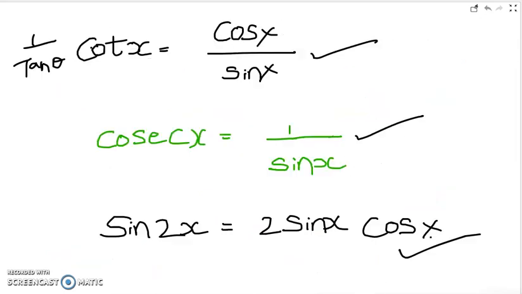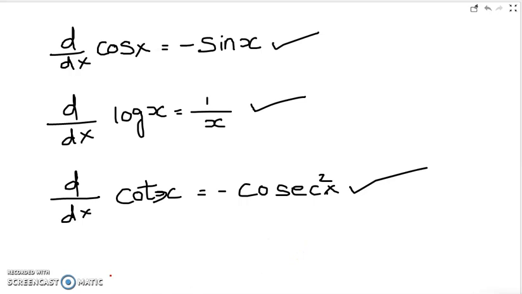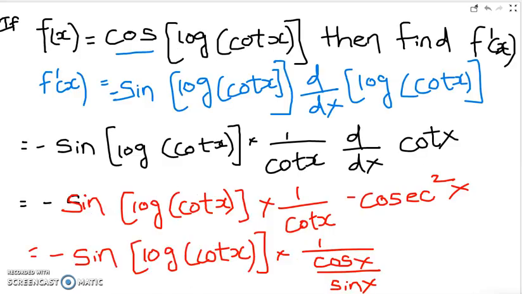We have written here that cot x means cos x by sin x. So minus of cosec square x is nothing but minus 1 by sin square x. So this one sin and this one sin get cancelled. What will we get? Sin of log cot x, this is the thing we have got.